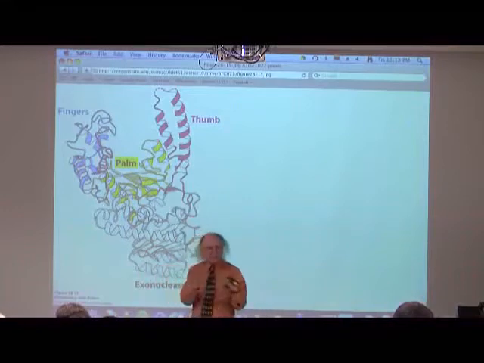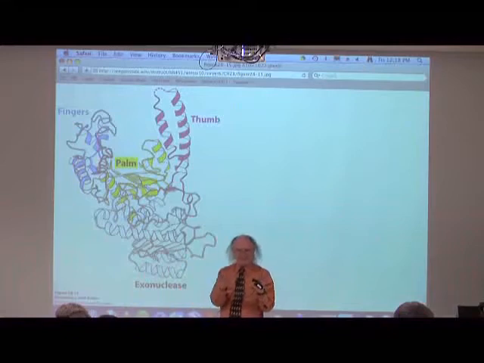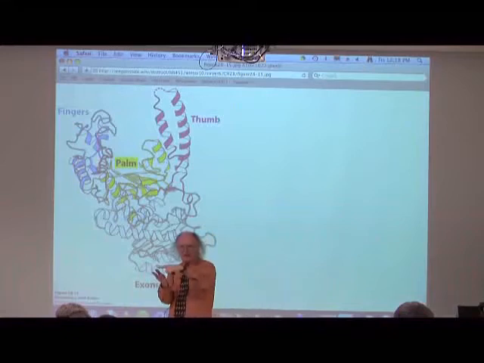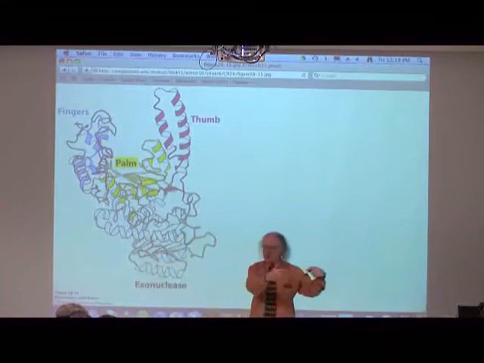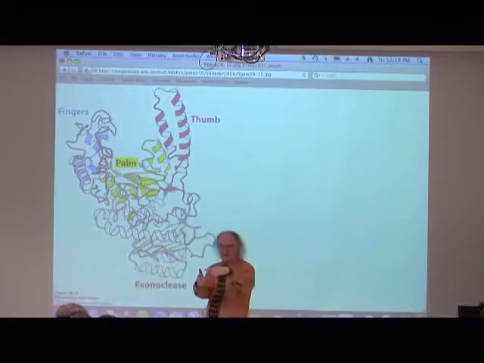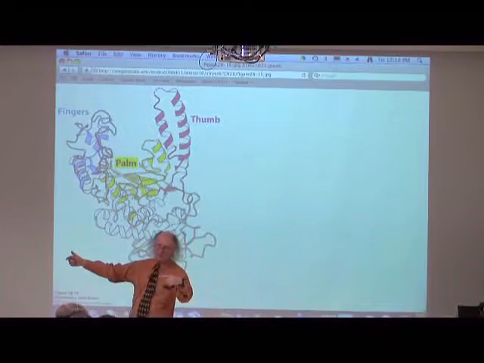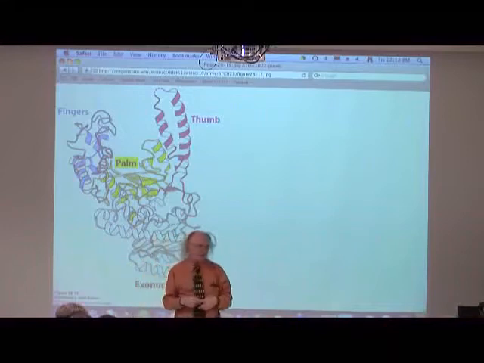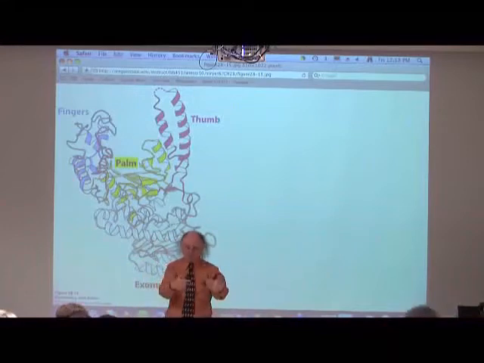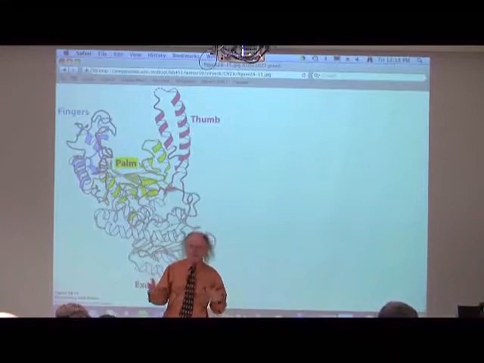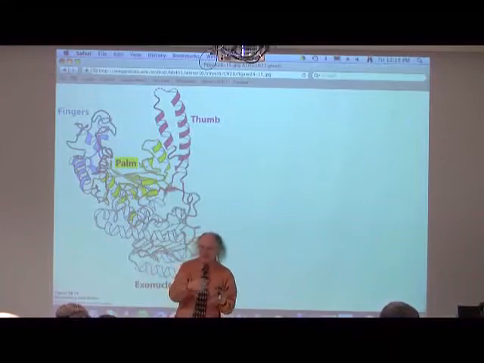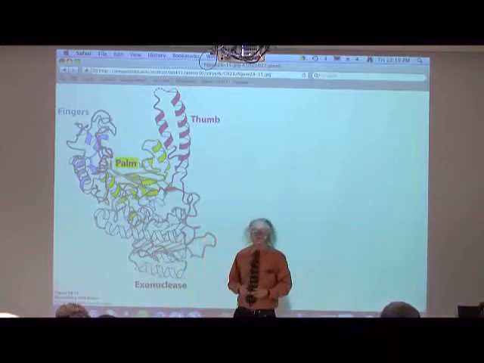So it's not a perfect scheme. If the bulge is recognized, let's say in the first few nucleotides, then the polymerase has a chance to come back and chew it out. If it's not recognized and the polymerase just keeps going along its merry way, then in fact that mistake will be incorporated into the DNA, and there's other things that have to be done to fix it. Does that answer your question? Okay.